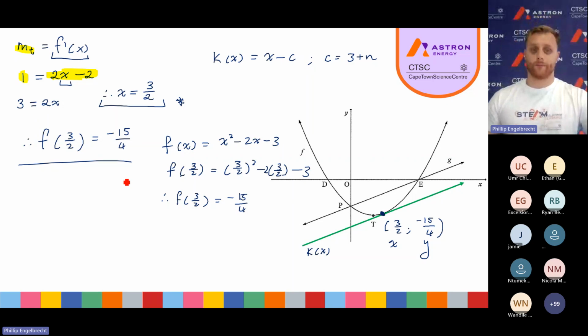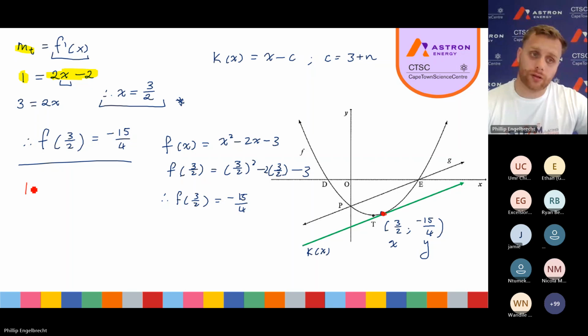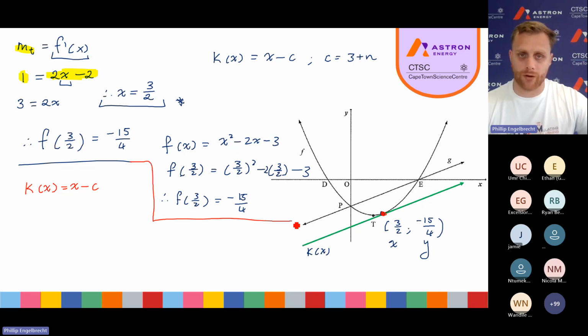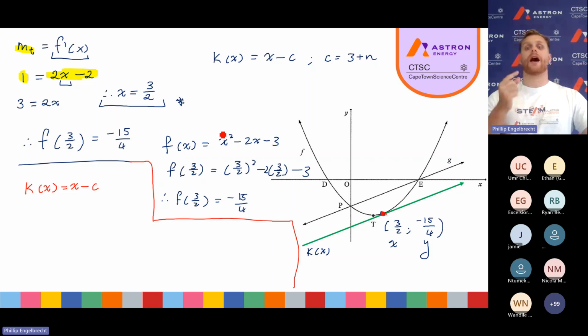Perfect. So now what I did was I figured out the point where the tangent touches my function. Now remember, k of x is equal to x minus c. I'm just going to make a block here so we can do this other part. Now I can find the value for c.